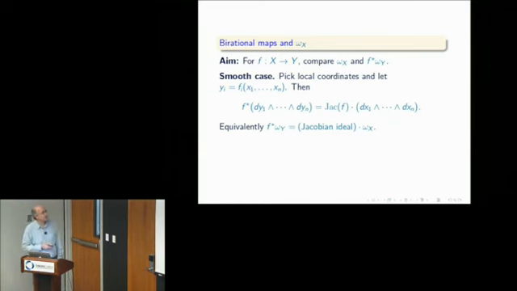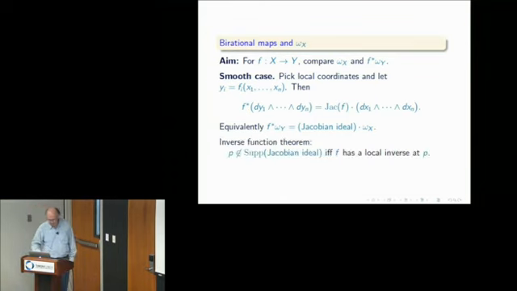And so now the way I would like to see this with line bundles is that if I just pull back this omega_Y, it's naturally contained in omega_X, and how much smaller it is is exactly the ideal that's locally given by the Jacobian of f. Okay, so the main thing is that f^*omega_Y is contained in omega_X.